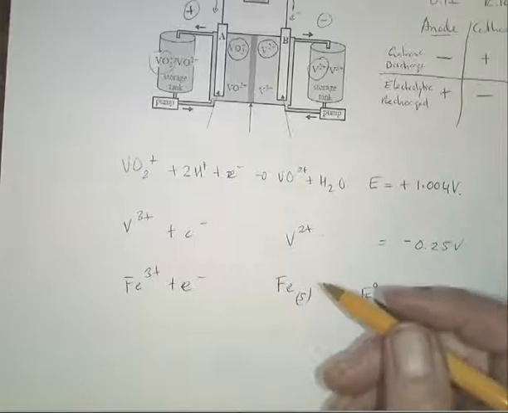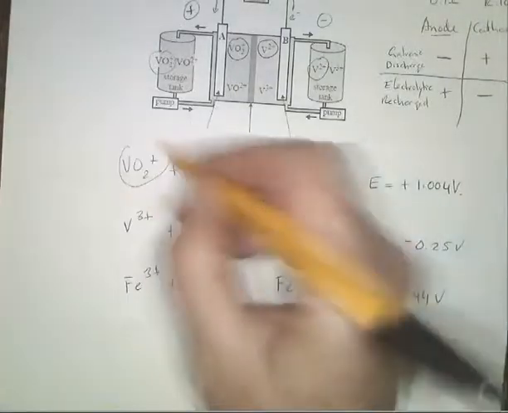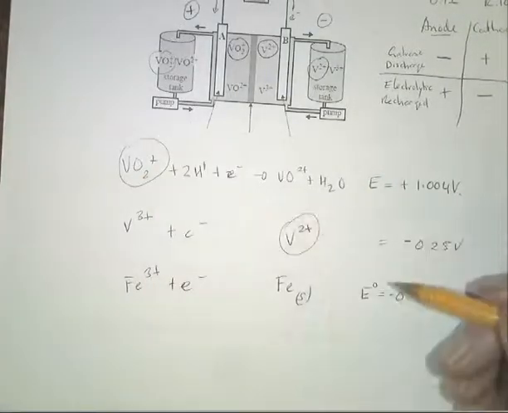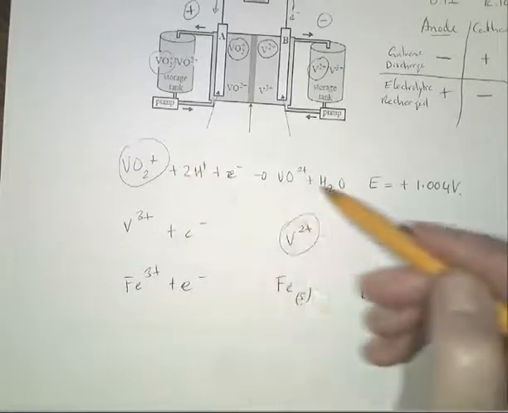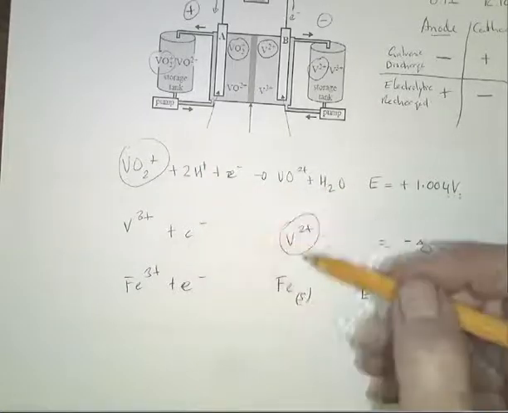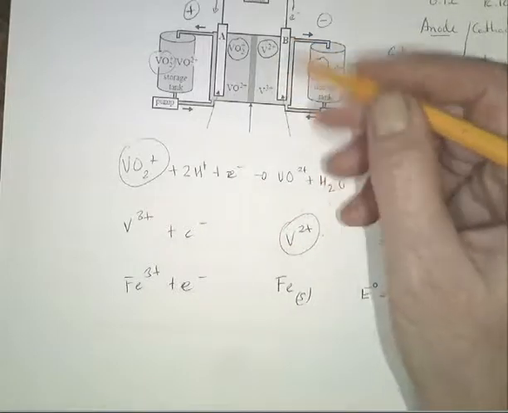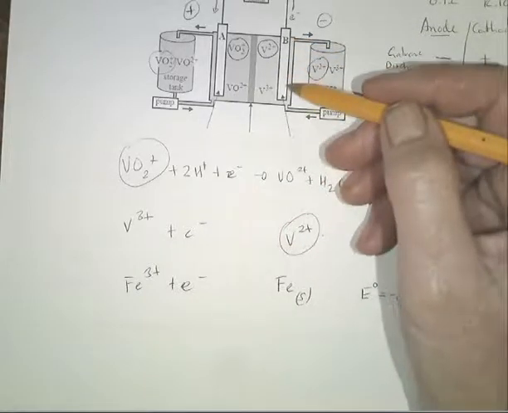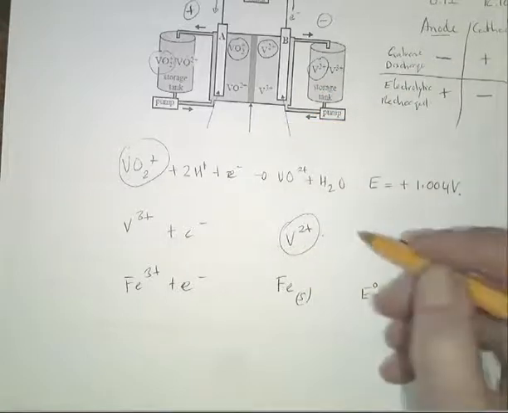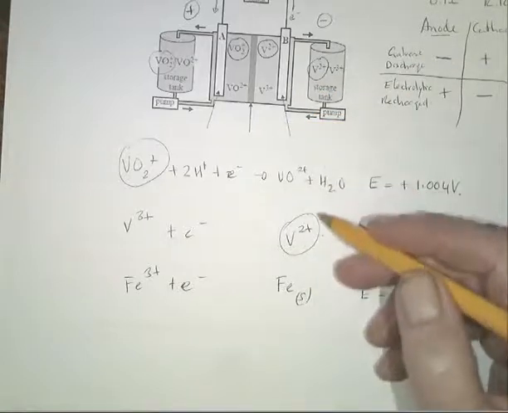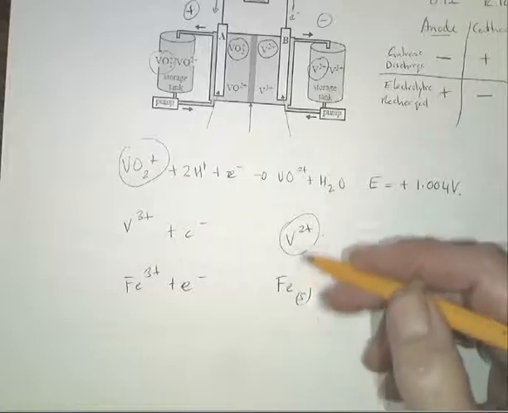Alright, so normally this was reacting with this. This was undergoing reduction, that was undergoing oxidation. This is in the same place as the electrode B would be with the iron. So these are reducing agents.